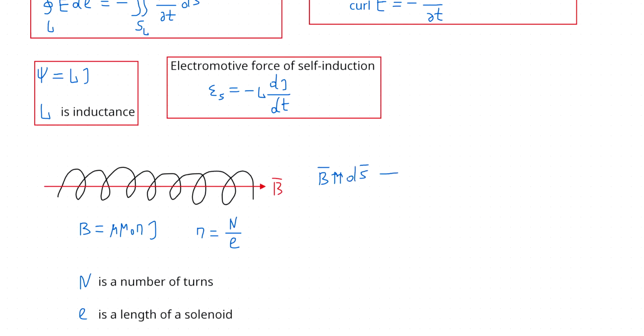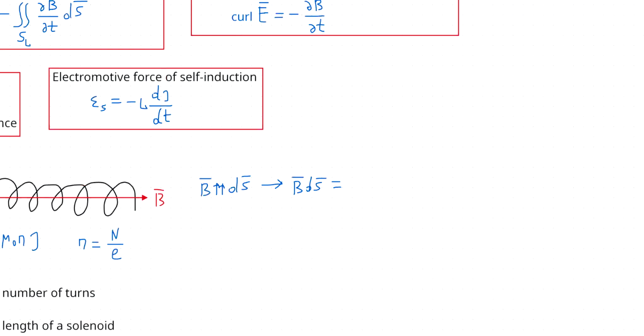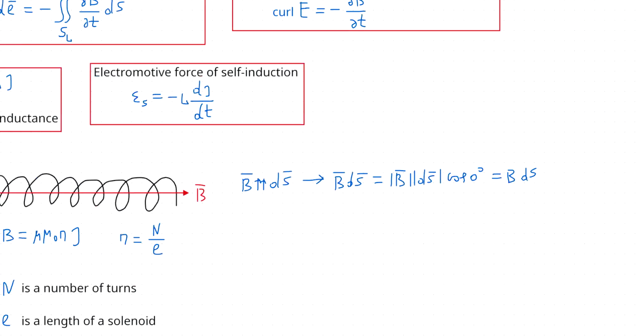And this means that B dS is equal to the absolute value of B multiplied by the absolute value of dS multiplied by cosine 0. So it is equal to B dS.